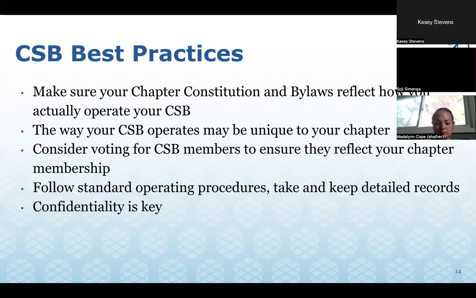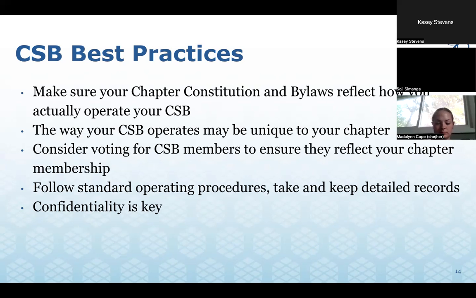Your CSB is going to operate however your chapter thinks it should operate. Like I mentioned earlier, the way my chapter operated is different than yours, than the next chapter. It could be really similar, who knows?